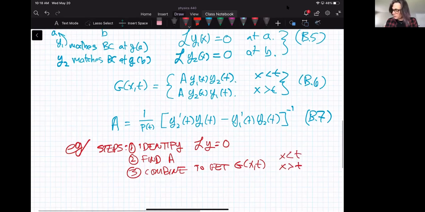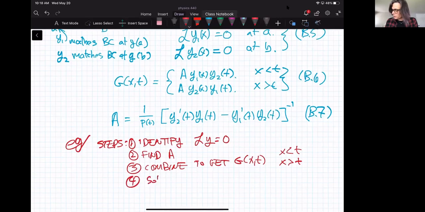And then ultimately step 4 would be to solve for y sub p, but in order to do that, we need f of x.